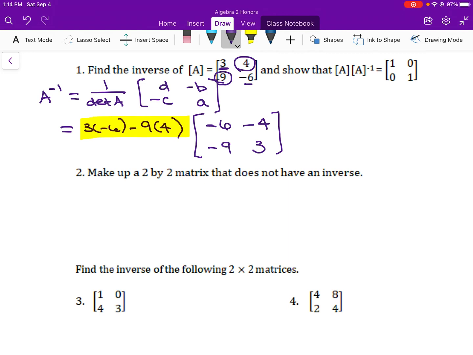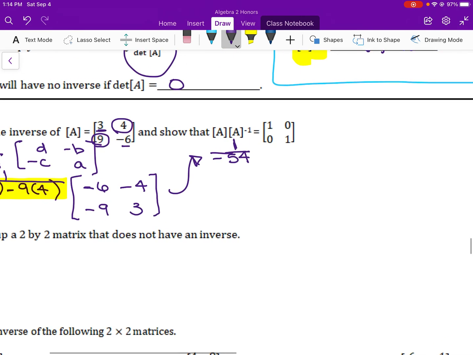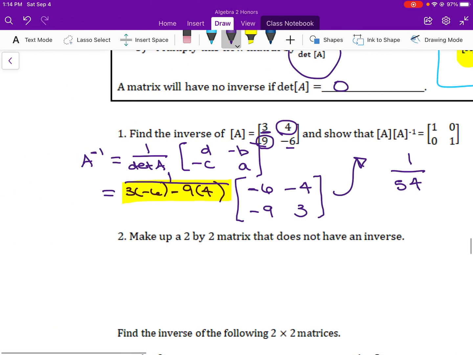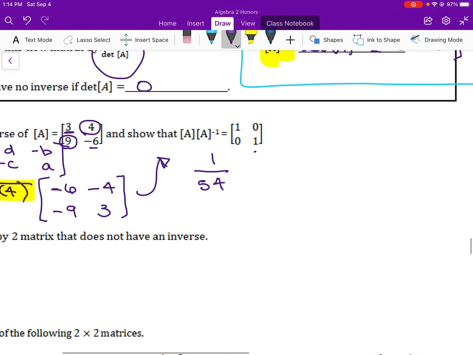All right, so really what I'm taking here is negative 54, well, all under the bottom of the fraction, right? Because this is 1 over the determinant. So 1 over 54, let's bring this down here. 1 over 54, okay, times the matrix negative 6, negative 9, negative 4, and 3.